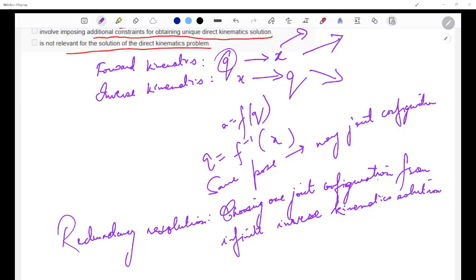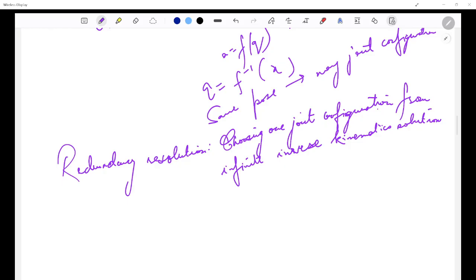We impose additional criteria such as minimum joint motion, or we try to avoid the joint limits, or if there is an obstacle, we do obstacle avoidance, we do energy optimization, manipulability maximization. Thus we select only one solution.